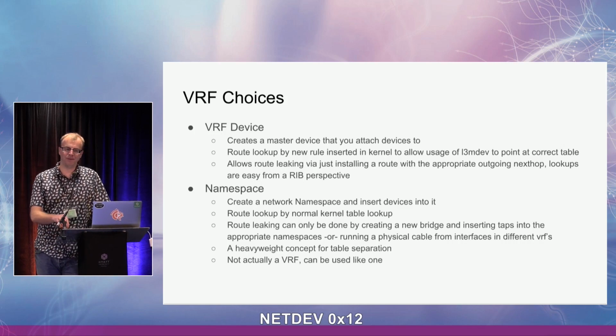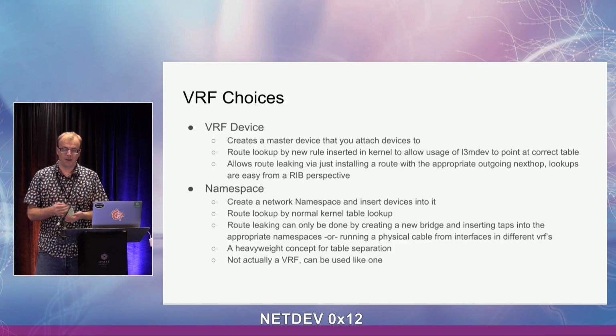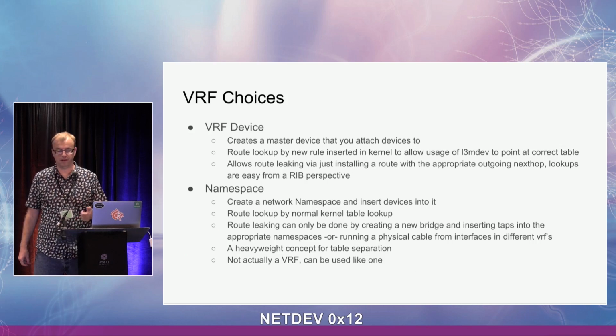So the practical difference is that a VRF device creates a master device that you attach all the interfaces that you want to be in that VRF to. Route lookup is done by a new rule inserted into the kernel, and that causes the VRF device to cause the FIB lookup to go to the correct table. This also allows route leaking via just installing a route with an appropriate outgoing next hop.